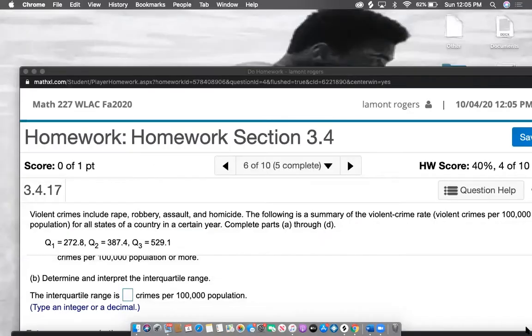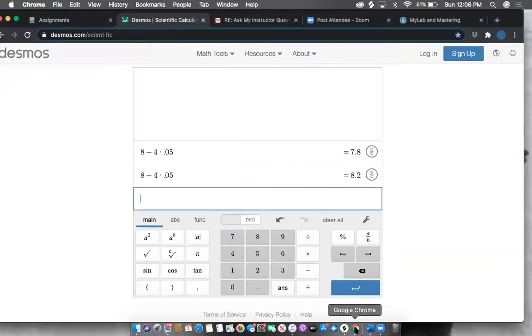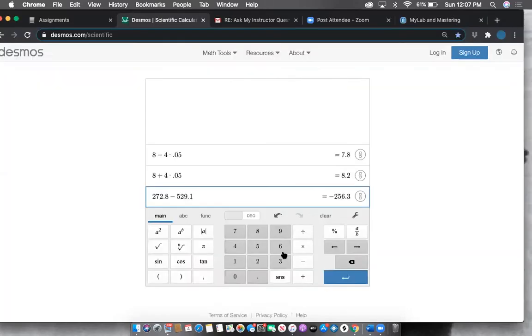Do that real quick. So it's Q1 minus Q3. So that's 272.8. How did I get back to the other one? Go to the right. All right, cool, 529.1. Where's the equal sign?